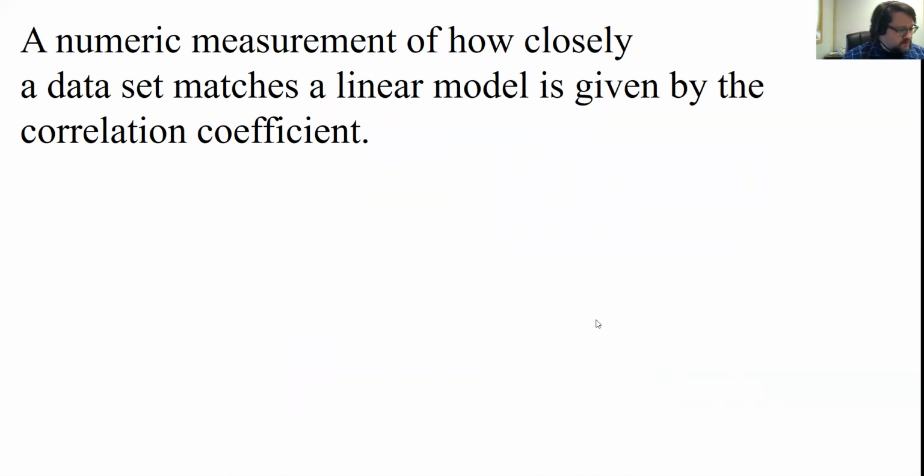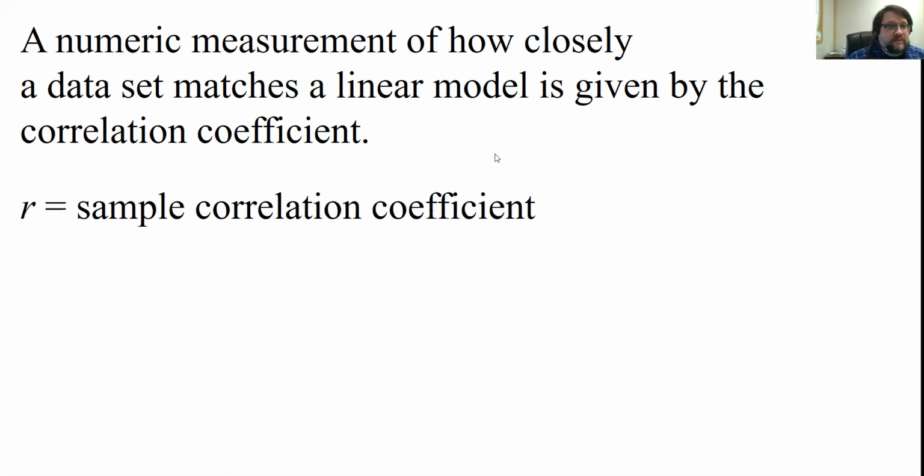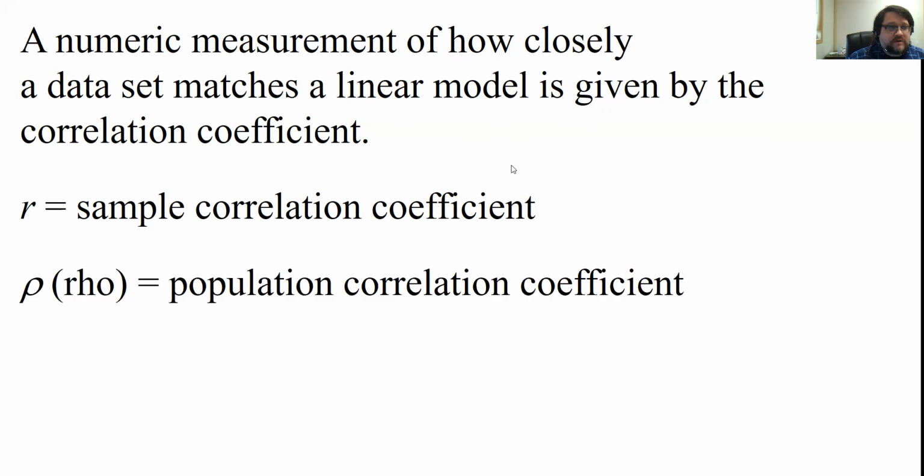A numeric measurement of how closely a data set matches a linear model is given by what we call the correlation coefficient. It's going to give us some kind of measure about how closely we think this data is linear. And it's also going to give us an indication of whether we think it's a positive linear or a negative linear. So we're going to call this R. R is going to be our sample correlation coefficient.